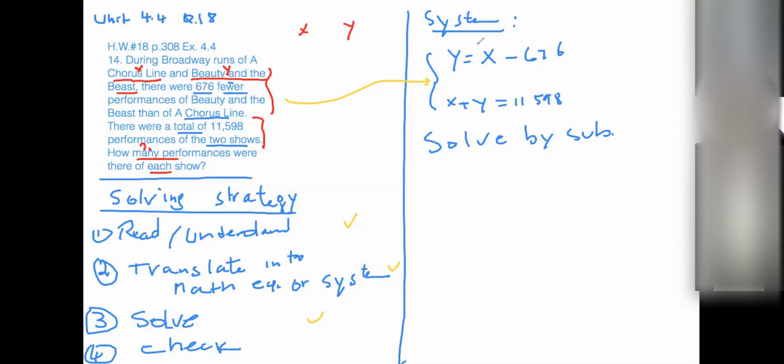Which variable is substituted and in which equation? Equation 1, equation 2. You can put equation 1 into equation 2. That's right. Specifically the y, you plug it in and put x minus 676.